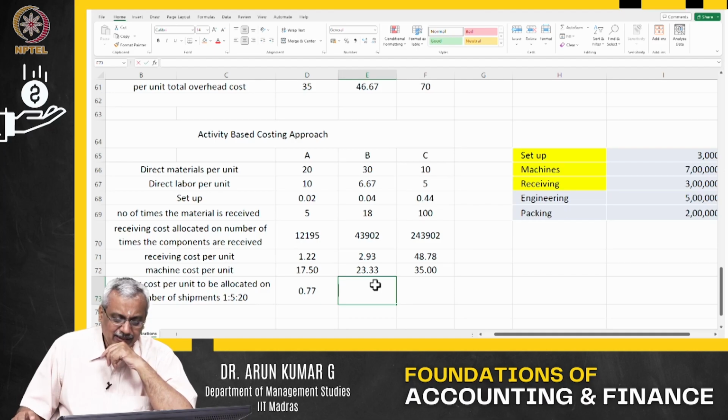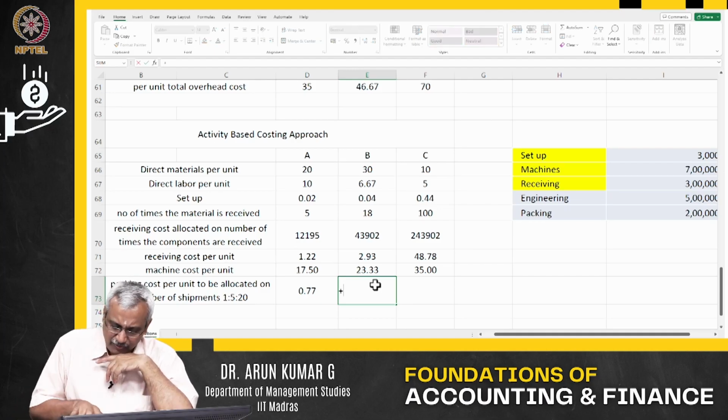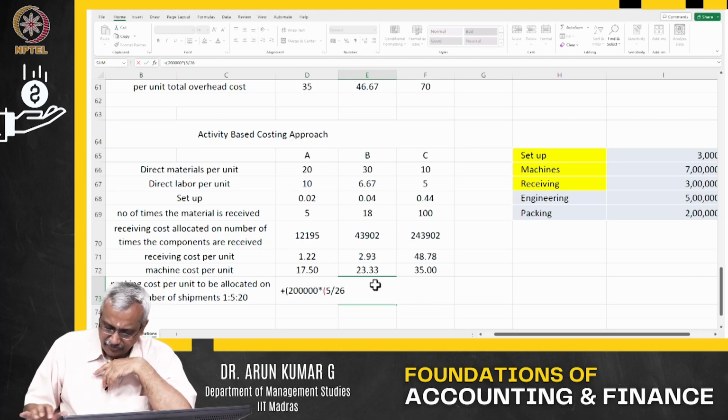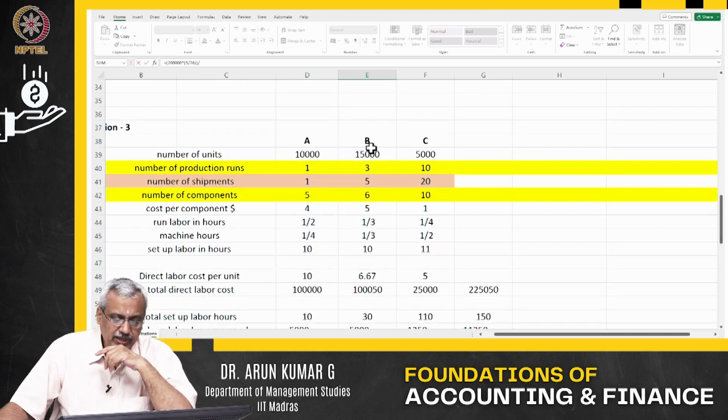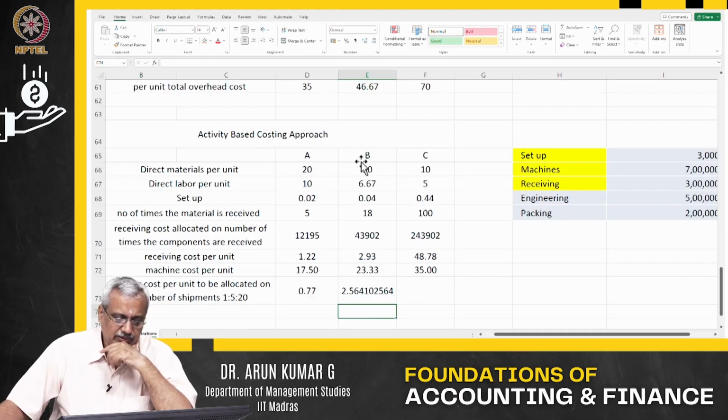Again, I go back here and start a parenthesis: 200,000 into my 5 by 26, the whole thing divided by my number of units, which in this particular case is 15,000. So per unit, my packing cost is about 2.56.